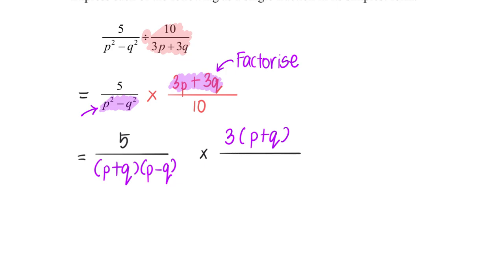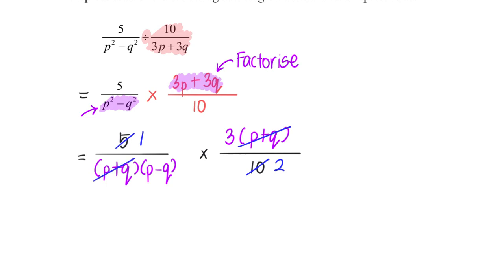over 10. And at this stage, if I see a common factor between the numerator and the denominator, I would divide them off. So I can divide by 5. And this is the result. And I saw that there is a p plus q that is the same factor.